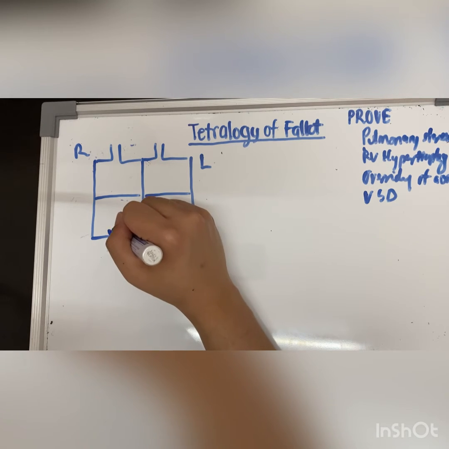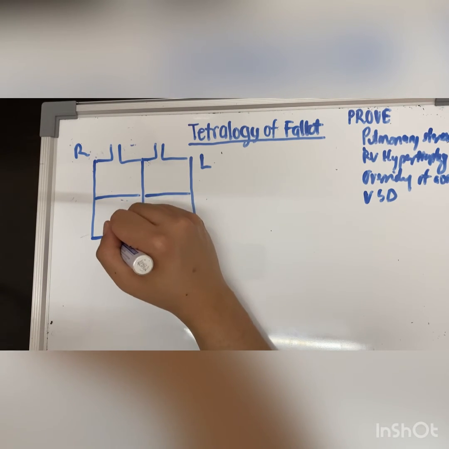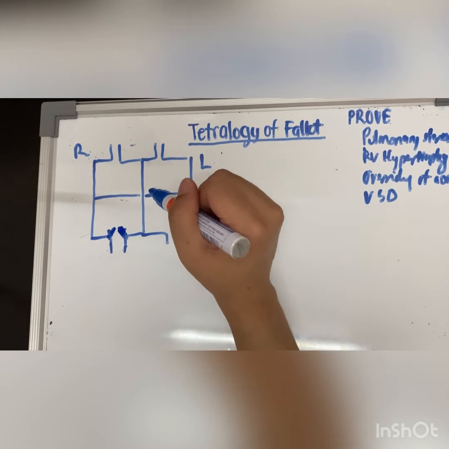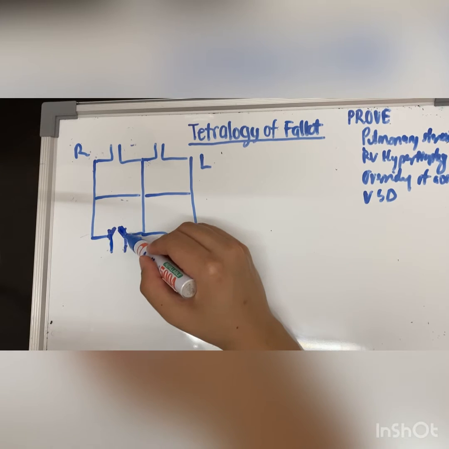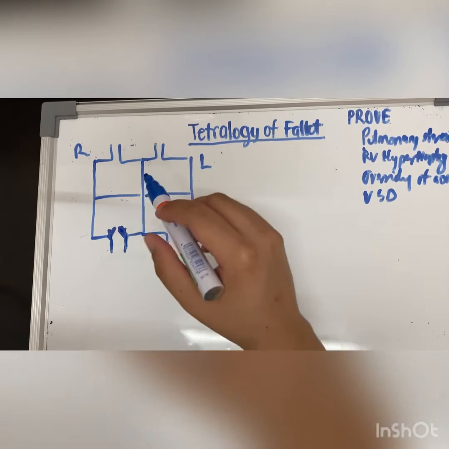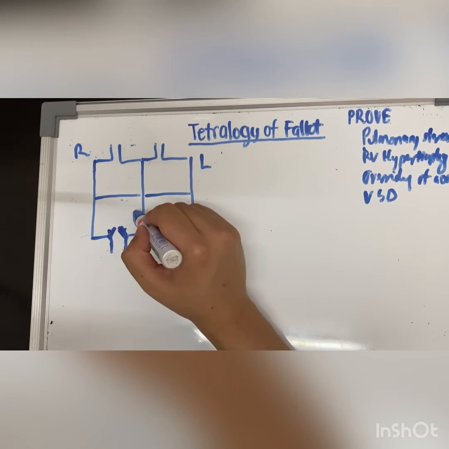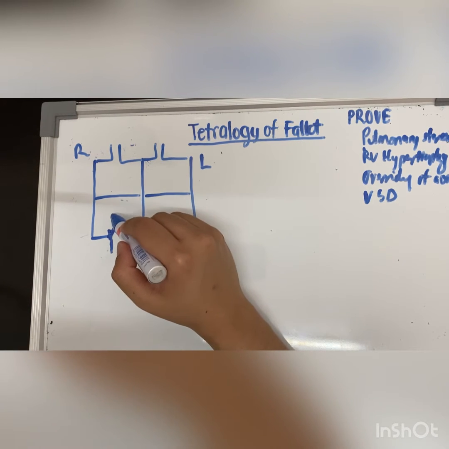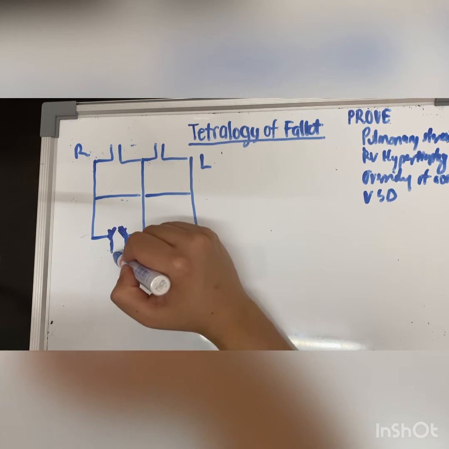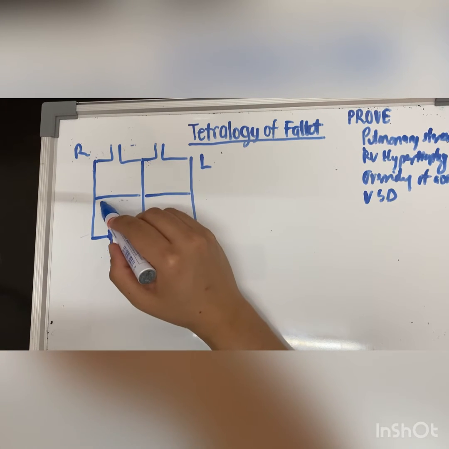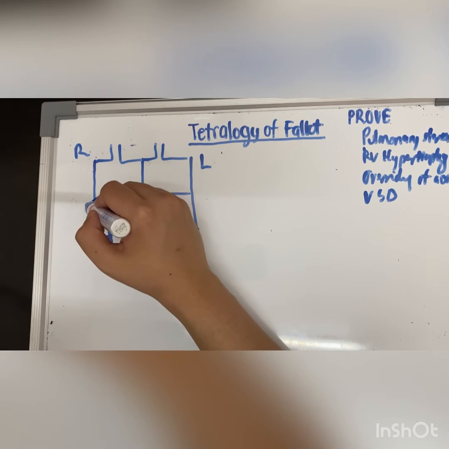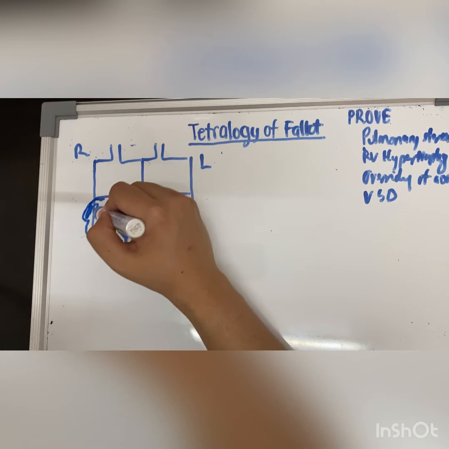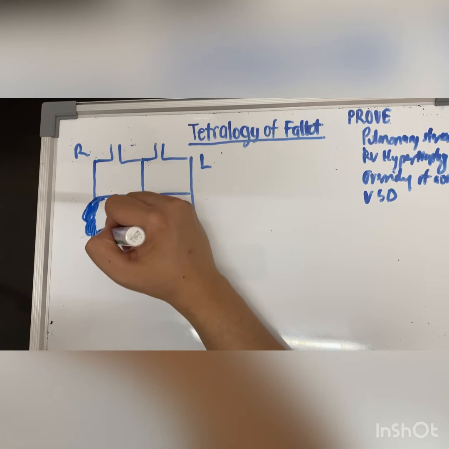So stenosis here. So what happens when there is a stenosis in the right outflow? In the right ventricle, there will be higher pressure needed to pump out the deoxygenated blood from the right ventricle into the lungs. So when there is higher pressure needed here, there will be myocardium hypertrophy over the right ventricle.